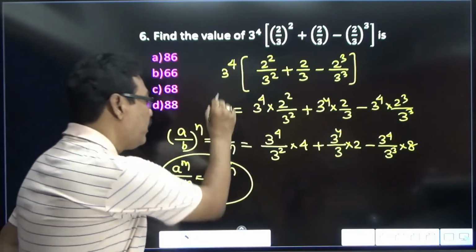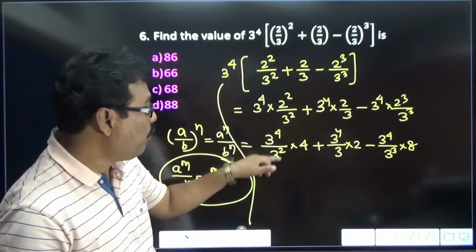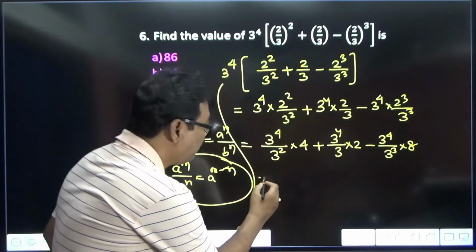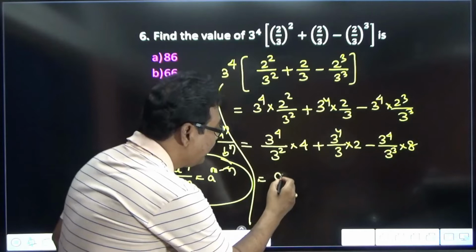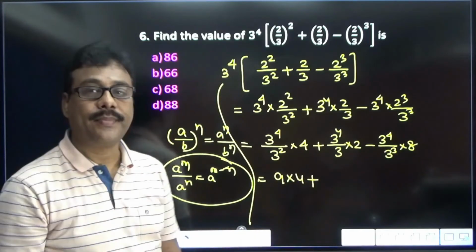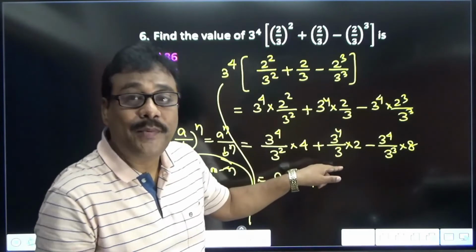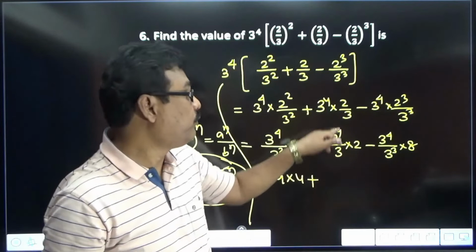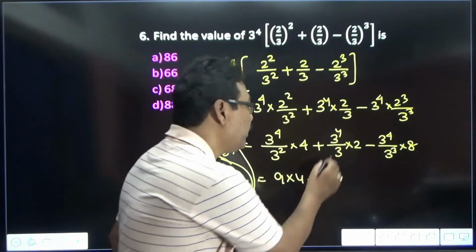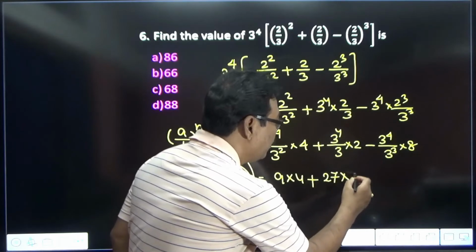If I use this formula, then what will I get? 3 to the power 4 minus 2 is 3 square, and 3 square is 9. 9 into 4, what will we get here? Now this is 3 to the power 4 and only 3 is written, meaning 3 to the power 1. So this 1 will be subtracted from 4 to give you 3 cube. 3 cube is 27 into 2.